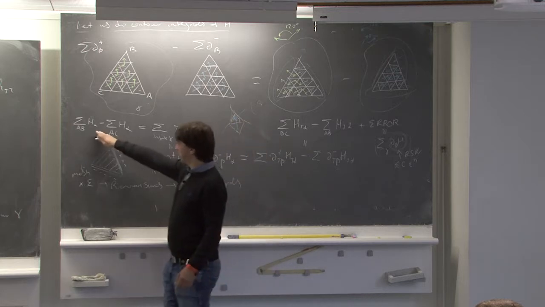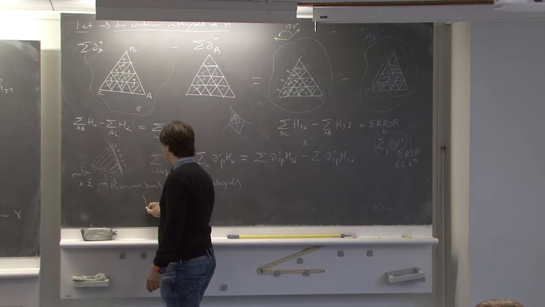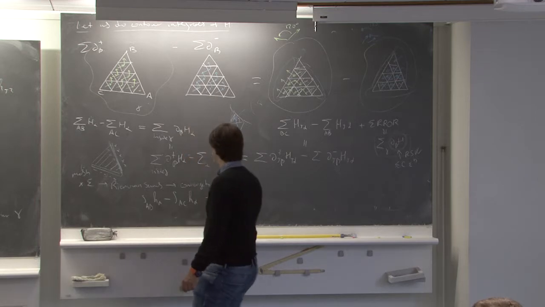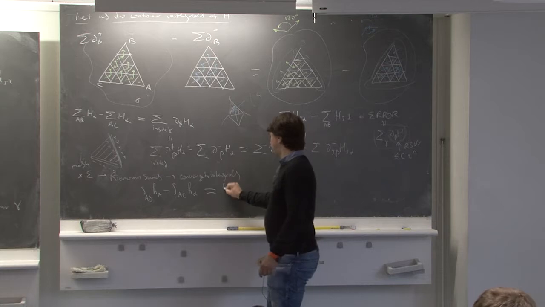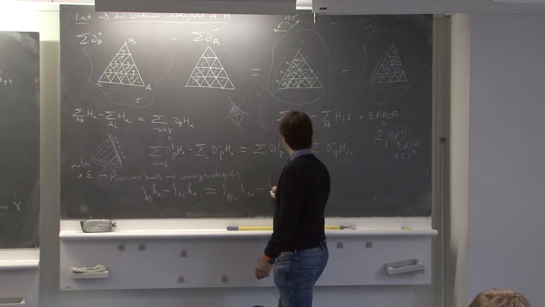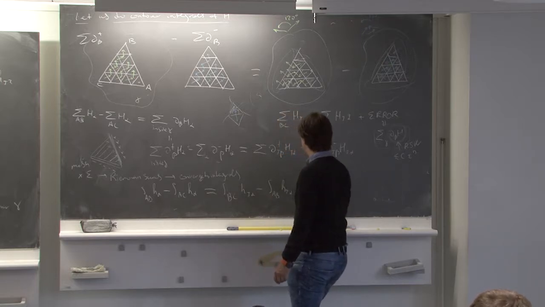So what we then get here, if we multiply by epsilon, this will converge to the integral on AB of h alpha minus the integral on AC of h alpha, and this is equal to the integral on BC of h tau alpha minus the integral on AB of h tau alpha.